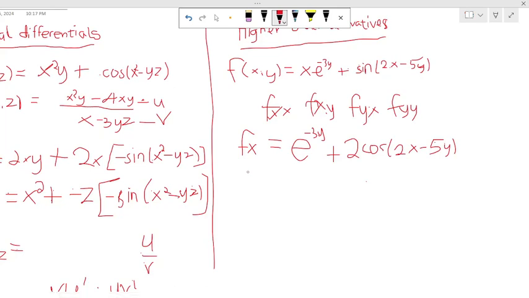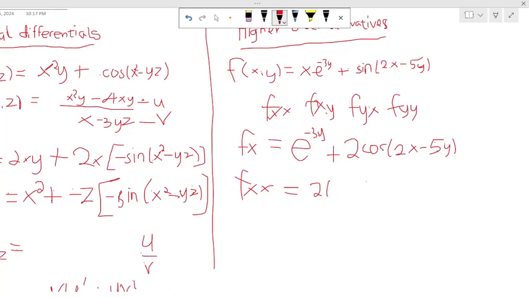Let's consider the next derivative with respect to x again, that's f_xx. Now we are differentiating this with respect to x, and our function here is only in terms of y, so this term is going to be 0. Differentiating this with respect to x, we already have 2 outside.